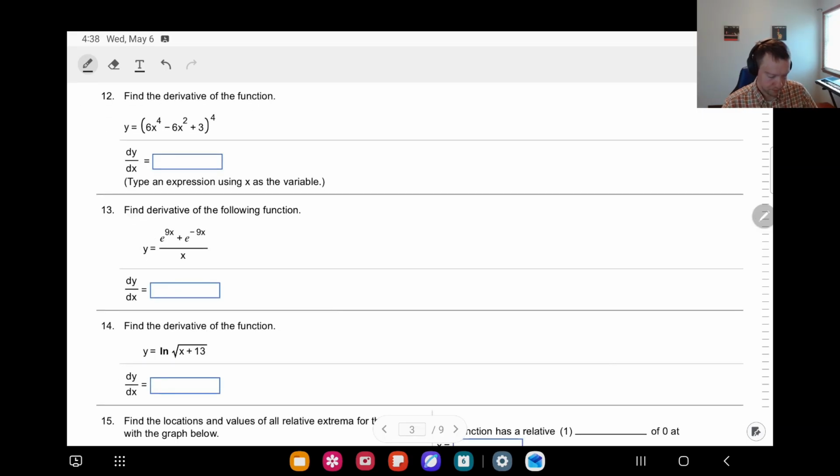Number 12. Find the derivative. Okay, so this is a chain rule, you can tell, because you have a function inside another function or process.